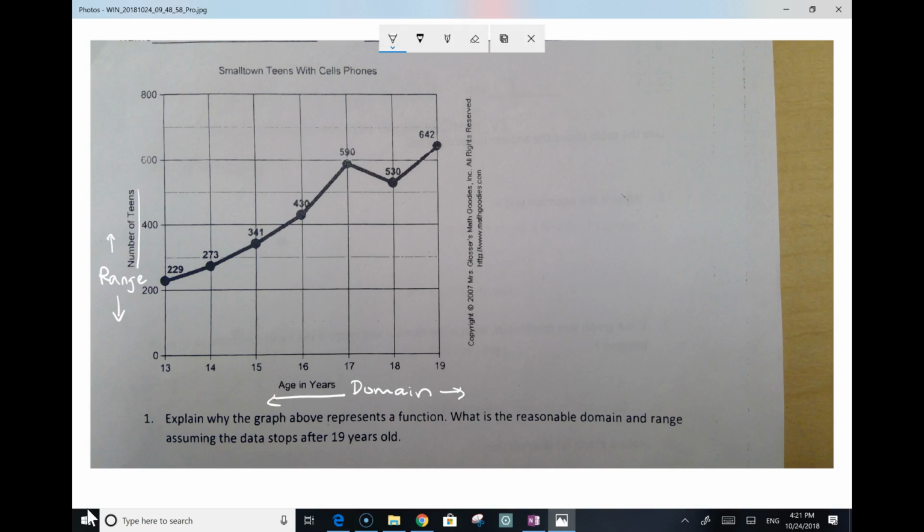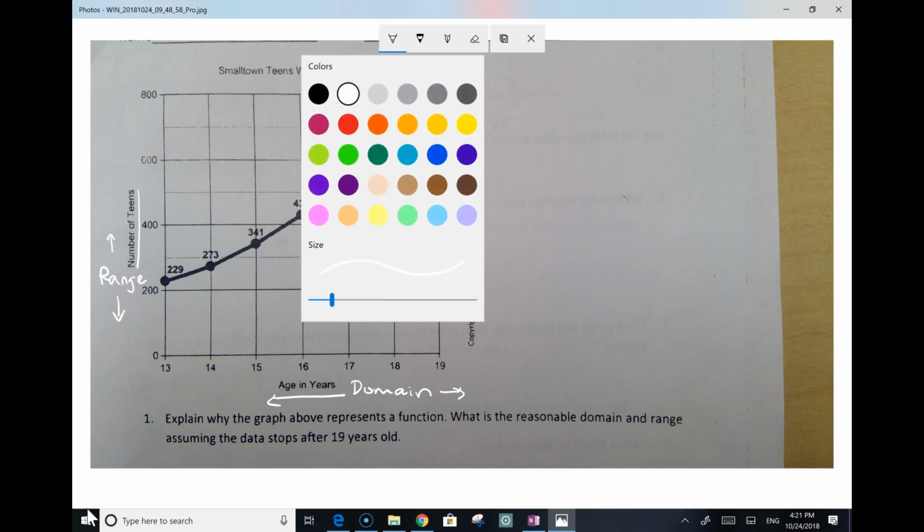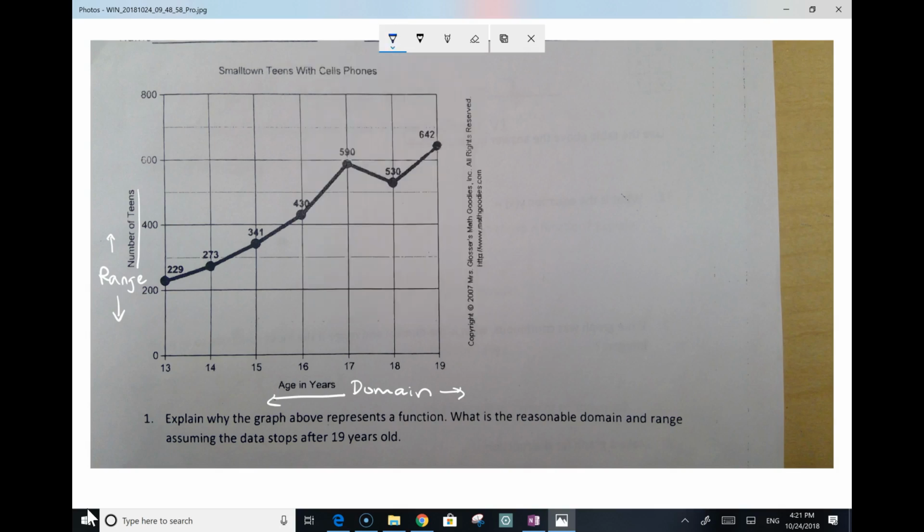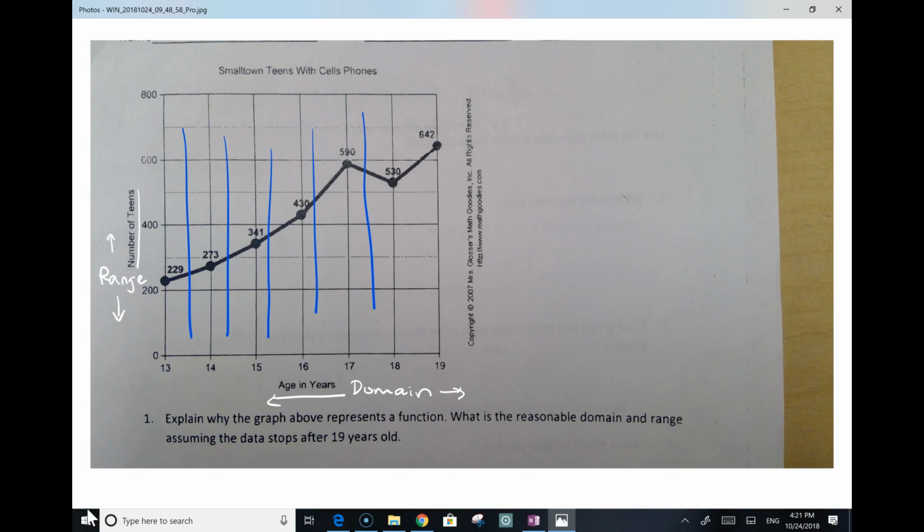So in the first question, we're supposed to explain why the graph represents a function. Now, the way that I like to approach this is there are two ways actually. The simplest, most direct way is to do what's called the vertical line test, which is where you take the graph that you have and you draw several vertical lines, and with each vertical line you draw, you're trying to see if your vertical line intersects the graph once or more than one time.